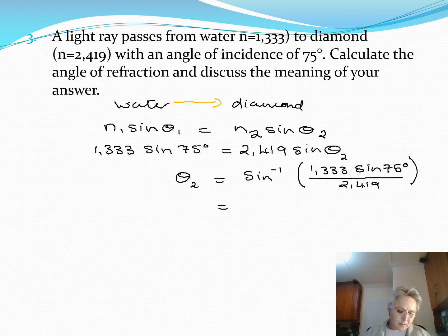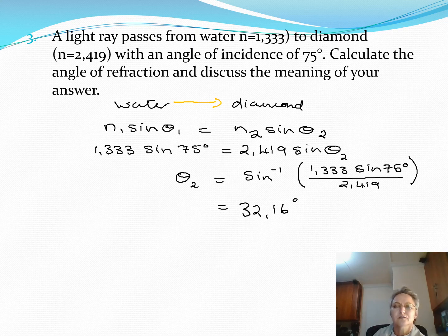So inverse sine of 1.333 times sine 75 divided by 2.419, and the answer I get is 32.159, so I'm going to write 32.16 degrees down.